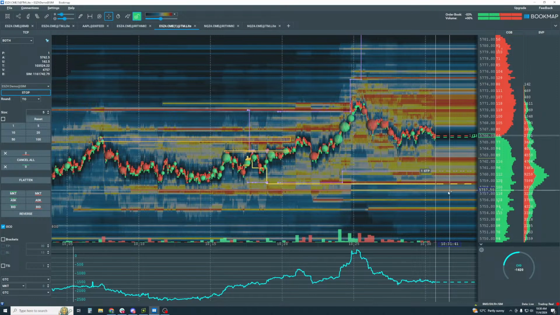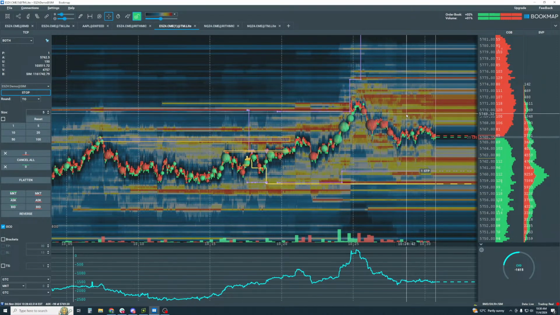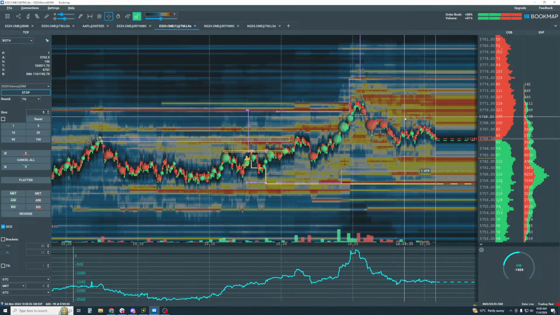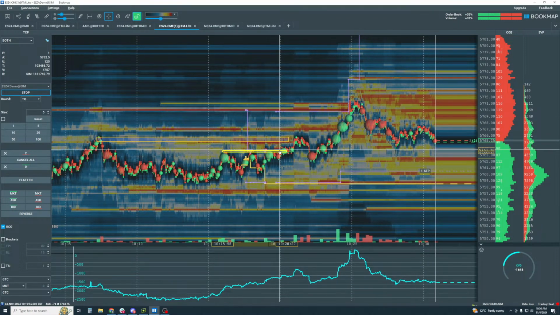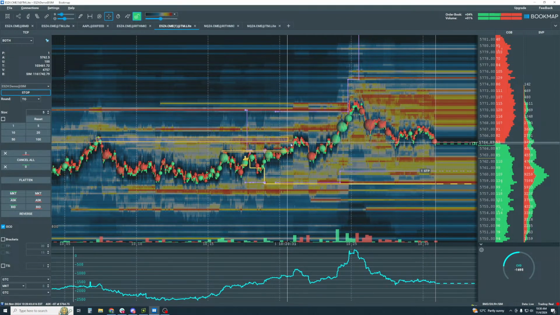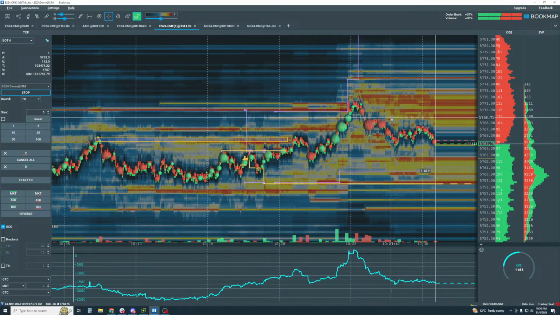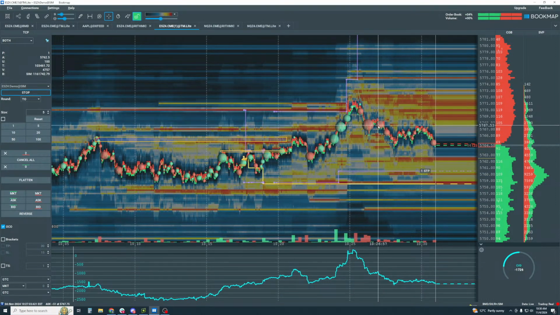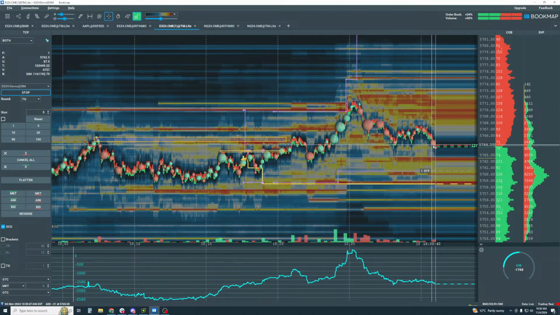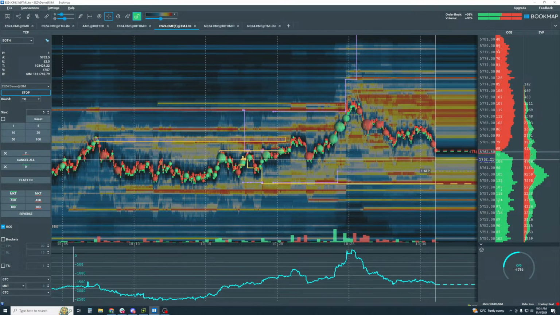Anyway, all right. So now, how we want to manage this is a question. Is your goal at this point to just take a little bit here and then try to get this runner? Does something in here change your opinion, and you think, well, this is likely going to come back to my average, which is right here?